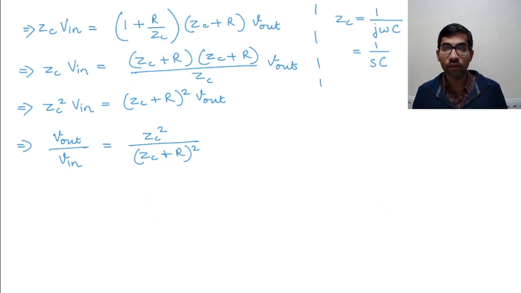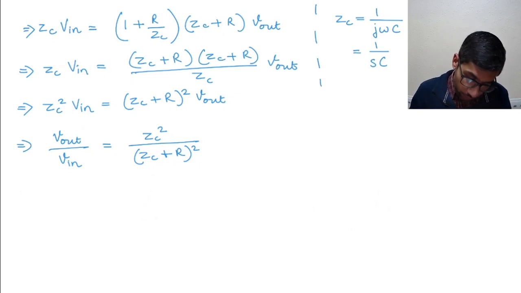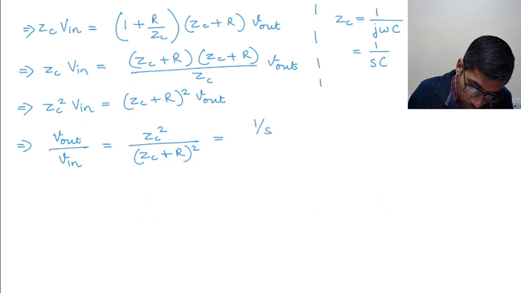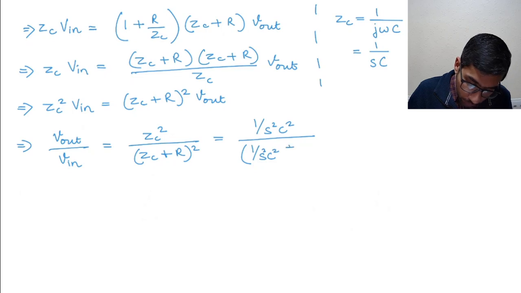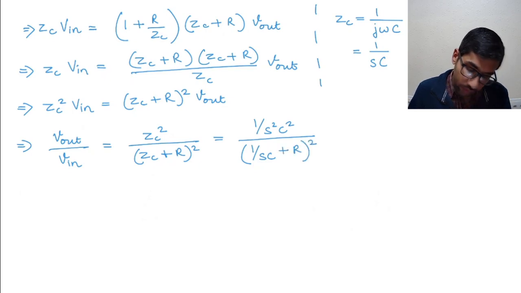We're just going to do that substitution. And so what do we get here? You get 1 upon s square C square over, let's just write it as plus, oh wait a minute, that's not right. It's 1 over sC plus R, and this is a whole square, right?